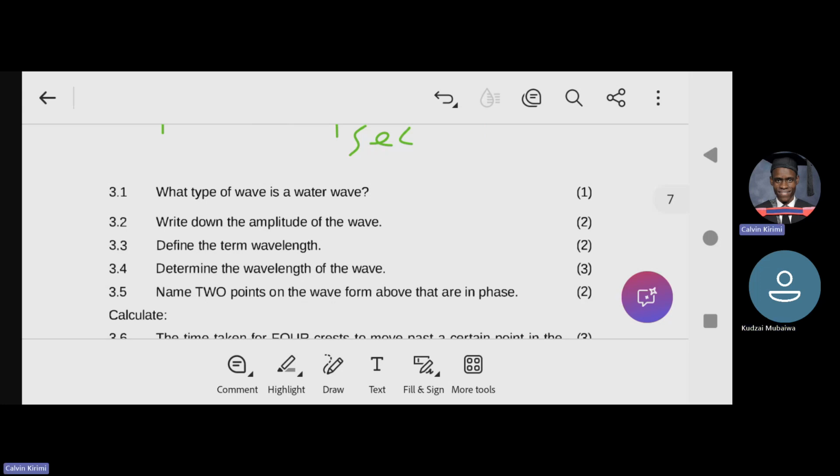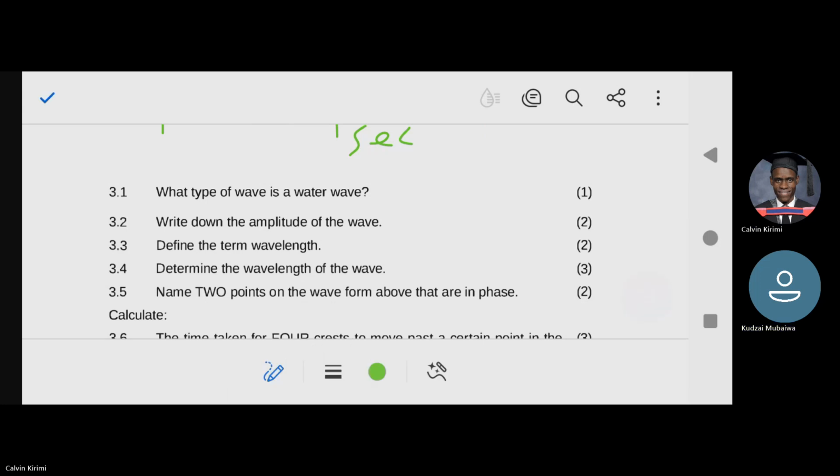So are the legs going in the direction of your motion, or are they going perpendicular to your motion? Perpendicular. So what kind of wave is it? The wave that is perpendicular to your motion.